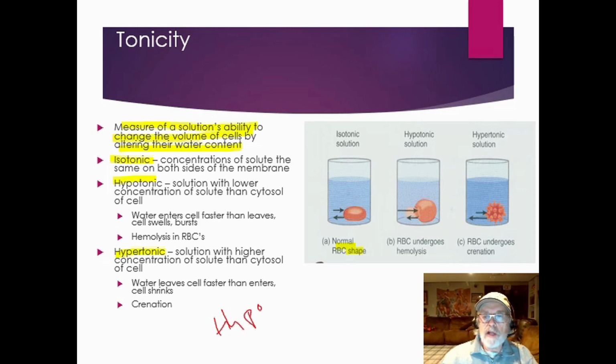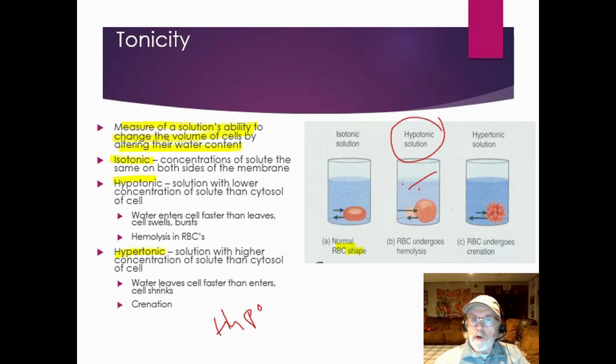So let's take that red blood cell and stick it in a hypotonic solution over here, which means that the water concentration inside the red blood cell is less than the concentration outside, which means that the intracellular material in the red blood cell is more concentrated than the fluid outside.